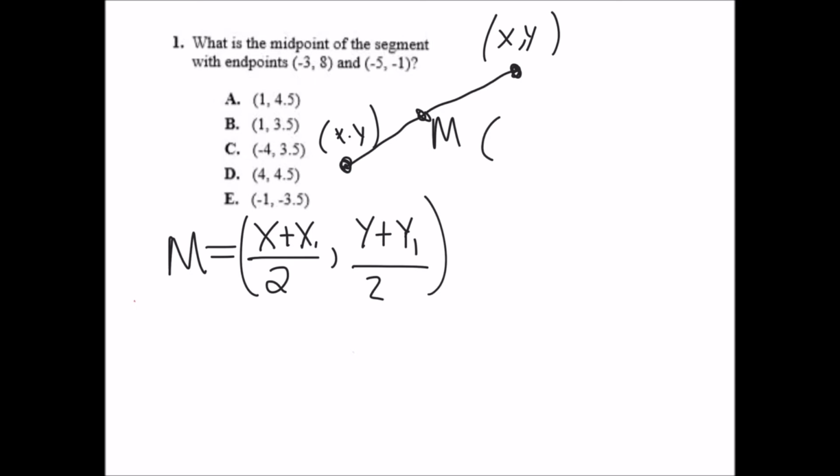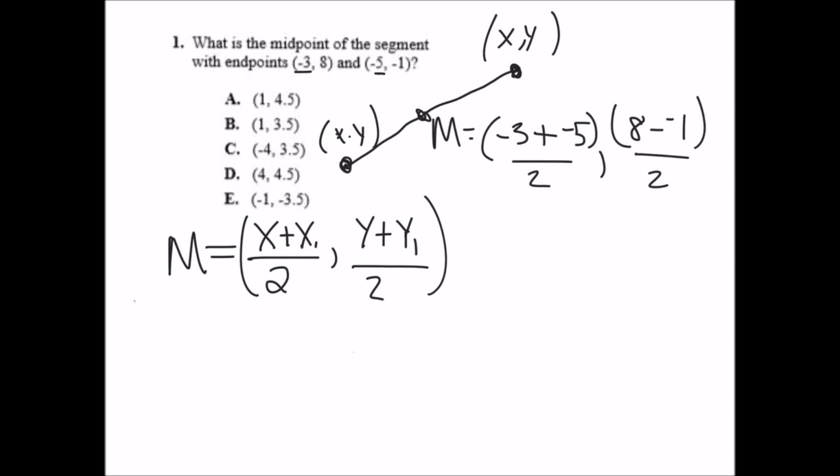The first x is -3 plus the second x, which is a -5, divided by 2, comma, and then the second one is the first y is 8 minus a -1 divided by 2.